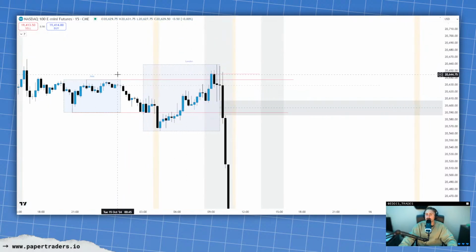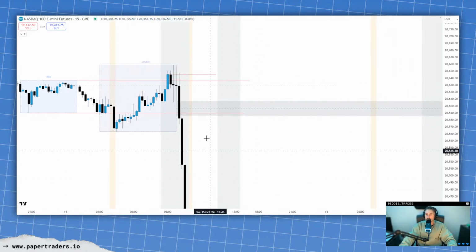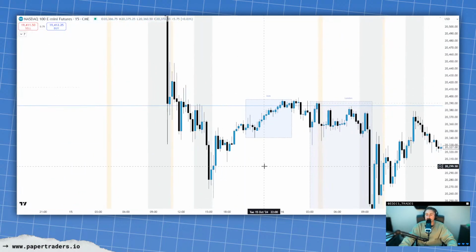We swept this liquidity over here, this Asian high. Now we have closed below the opening price of that candle, or we have wicked through it multiple times. Now that's your order block. We test the closing price, we're below the opening price, continuation down.